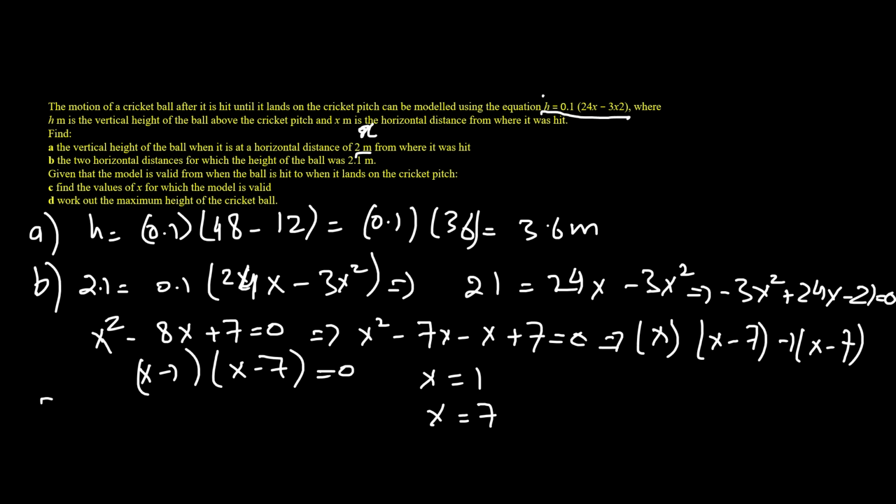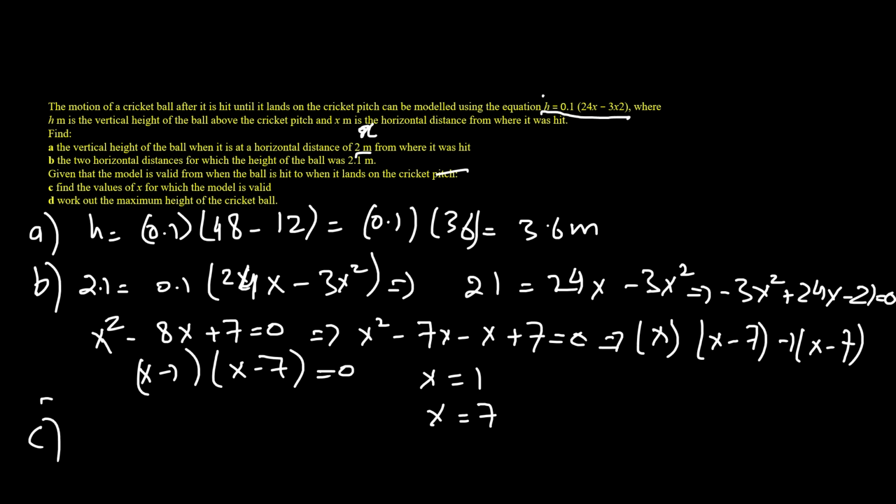Find the values of x for which the model is valid. Given the model is valid from when the ball is hit to when it lands on the cricket pitch. So we put height is equal to 0. It will give us values of x for which the model is valid.